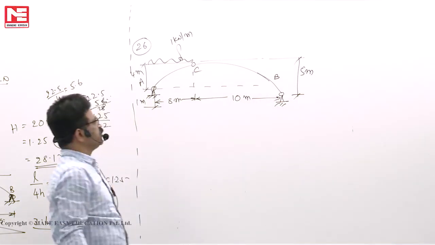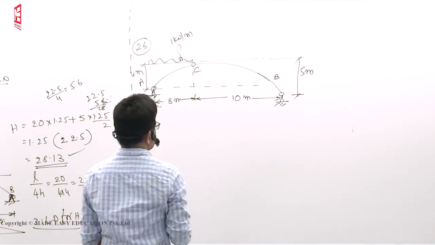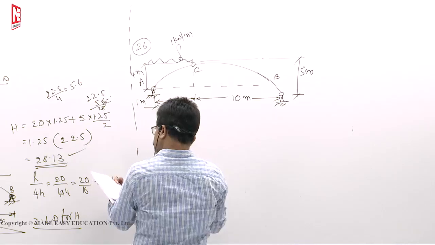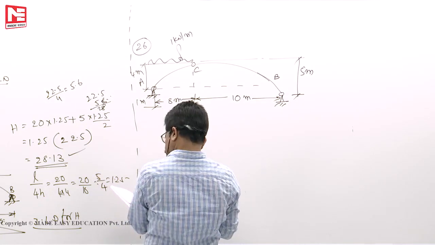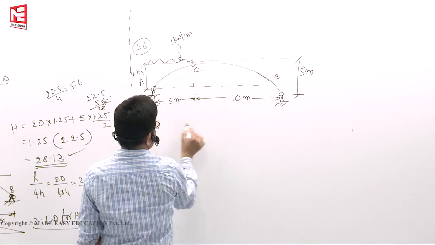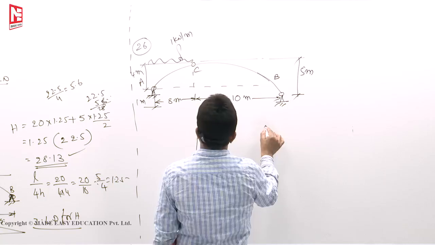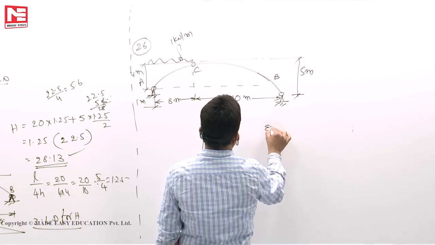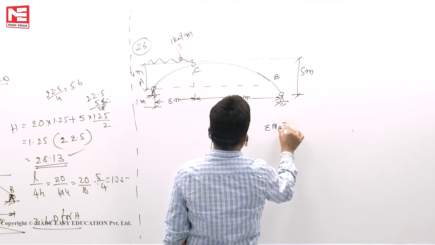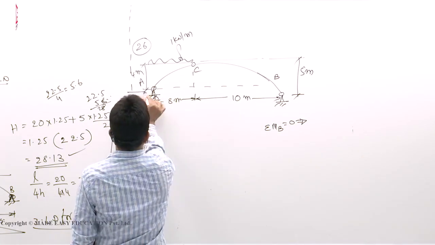In such cases, if the supports are at different levels, you have to calculate VA, VB, etc. He is asking what is the horizontal thrust. So first you can find VA, take moments of all forces about B equal to 0.